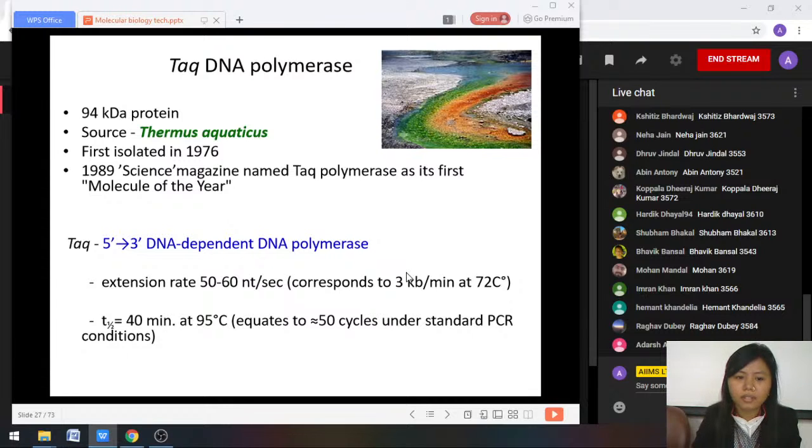And remember, this is happening for about 40 cycles. So somebody is just sitting there putting it into different water baths and adding enzyme. It used to be a very tedious process. It was not feasible to be used for diagnosis at that time. But the discovery of this enzyme actually revolutionized the diagnostic application of PCR.